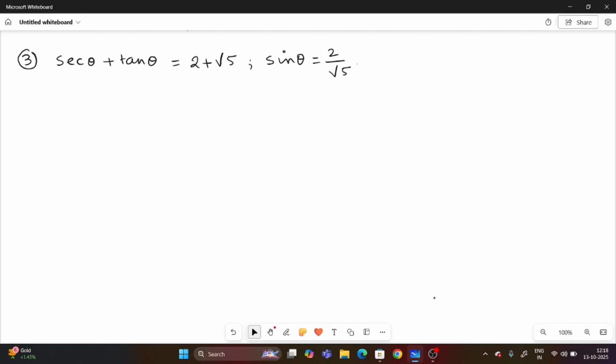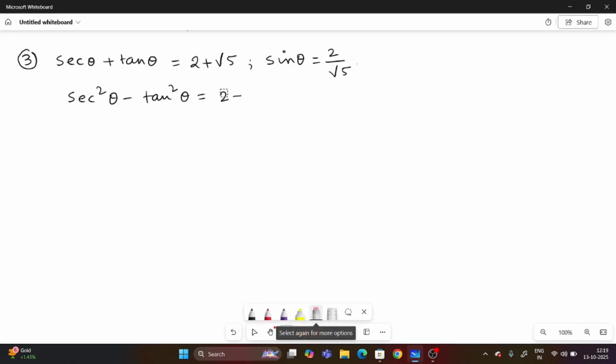Since we are given sec theta plus tan theta and there is a standard identity involving sec theta and tan theta, start from that. Sec square theta minus tan square theta is equal to 1. The standard identity is that the value of sec square theta minus tan square theta is 1.